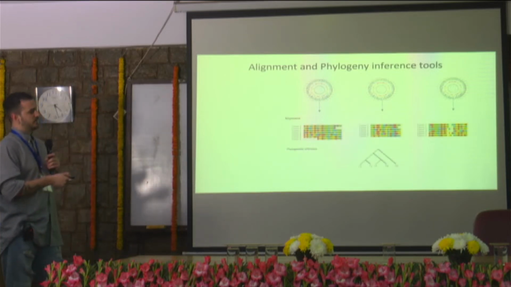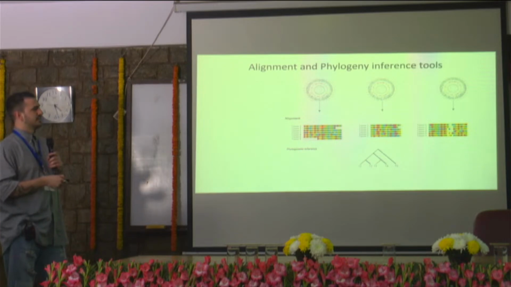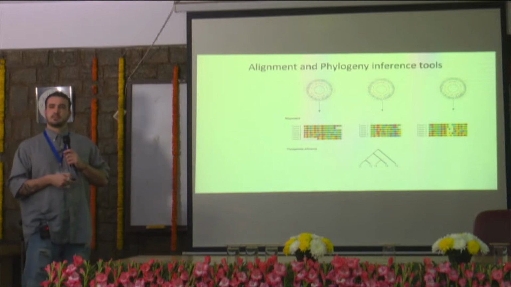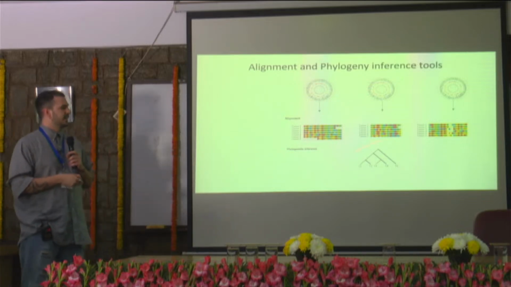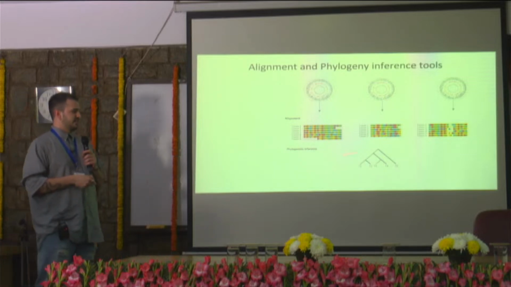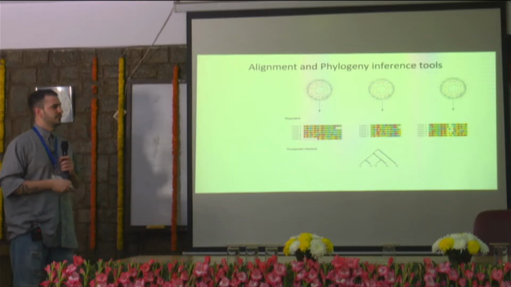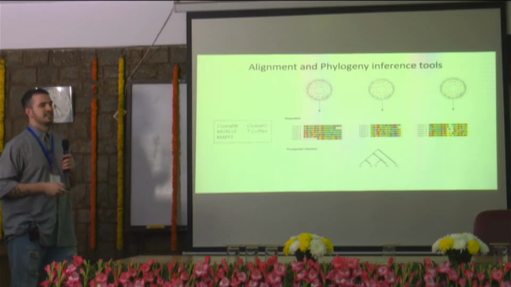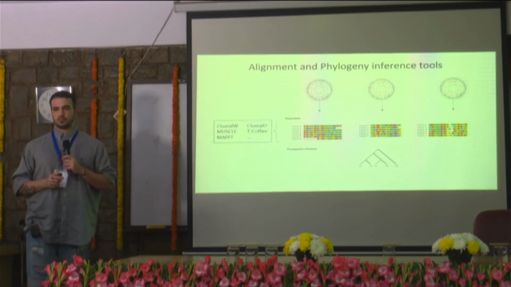So first we perform the alignment. We align the DNA of all the different organisms. And once we have the alignment, using its output, we generate a phylogenetic tree. For each of these steps, there are a lot of tools.